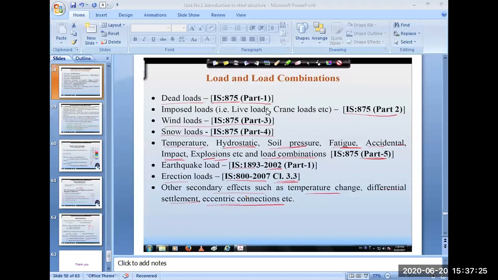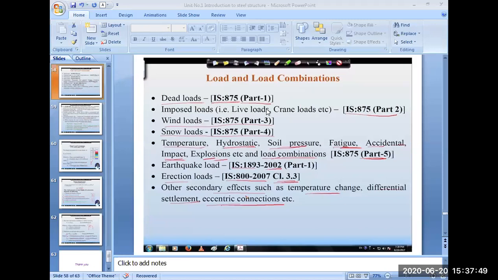From the dead load to the temperature load, there are 5 parts of IS 875. So various loads and load combinations have been given.